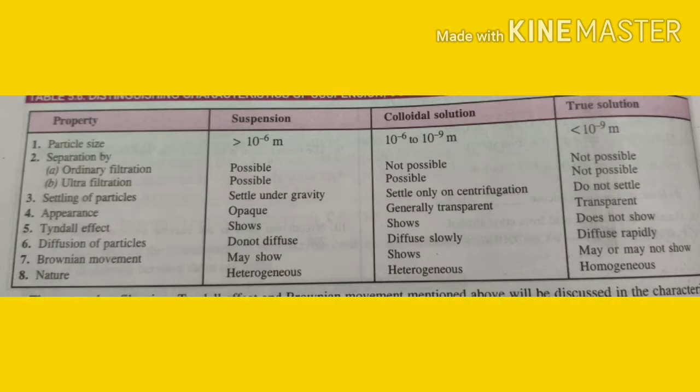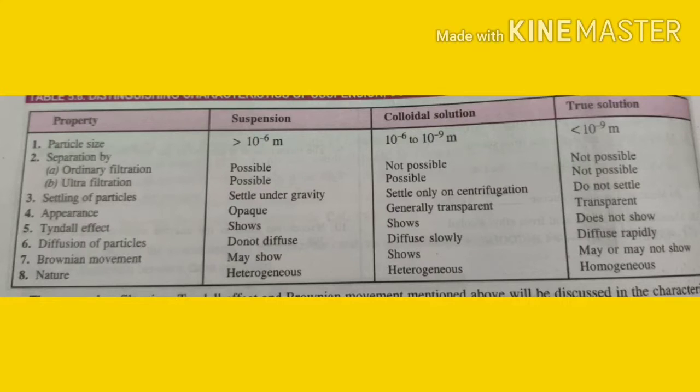Now you can see in the table the distinguishing characters of suspension, colloidal solution and true solution. First, on the basis of the particle size: 10 to the power minus 6 for suspension, 10 to the power minus 6 to minus 9 meter for the colloidal solution, and 10 to the power minus 9 for the true solution. For separation, you can write ordinary filtration and ultrafiltration.